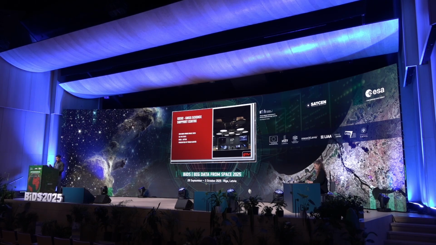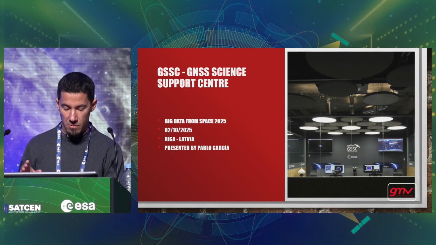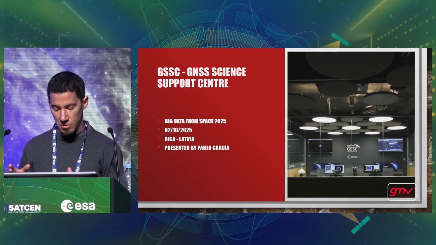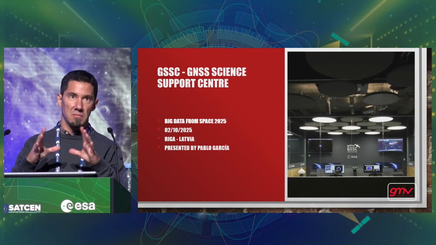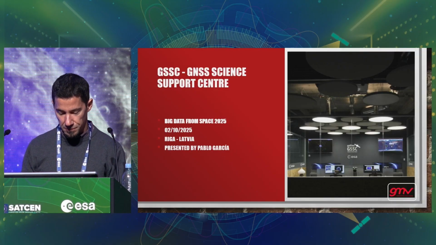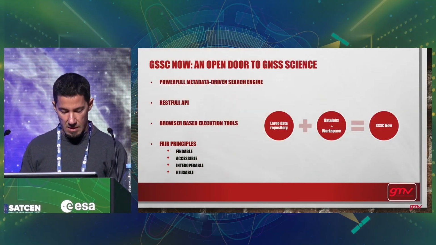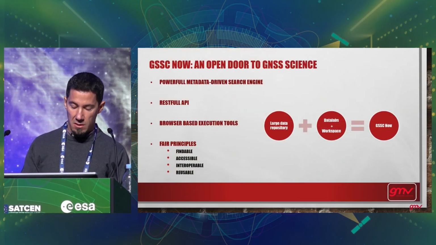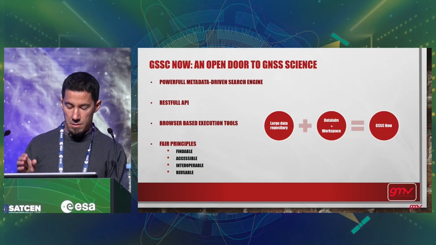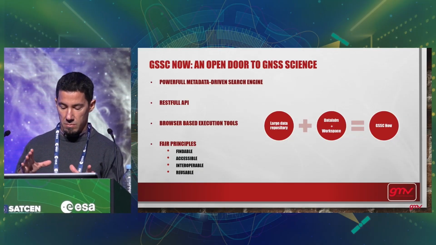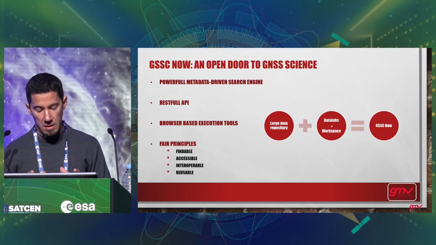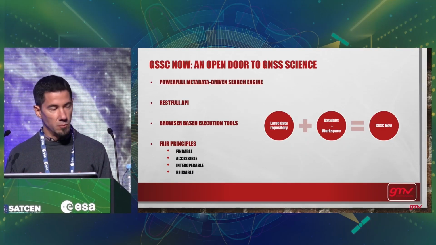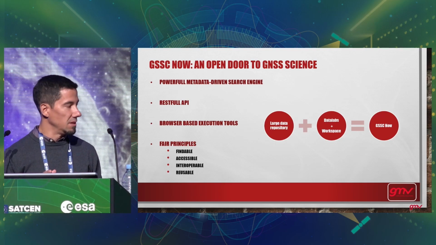The GSSC aims to enhance and streamline the scientific use of GNSS data by providing a platform that supports data centralization, access, processing, visualization, and analysis under a unified framework. Designed as a thematic exploitation platform, its mission extends beyond simple data access, focusing instead on creating an open, integrated environment that supports the entire research lifecycle.